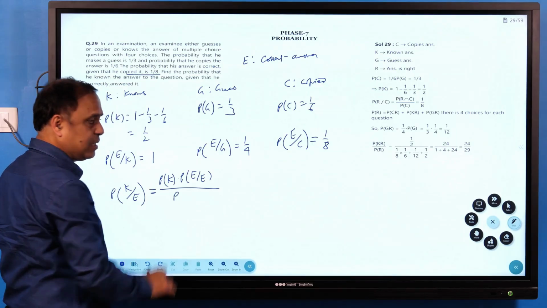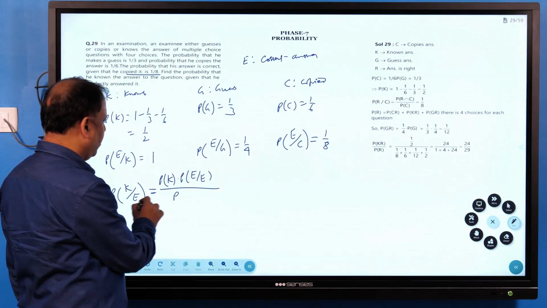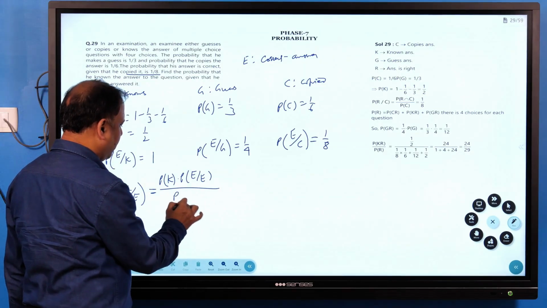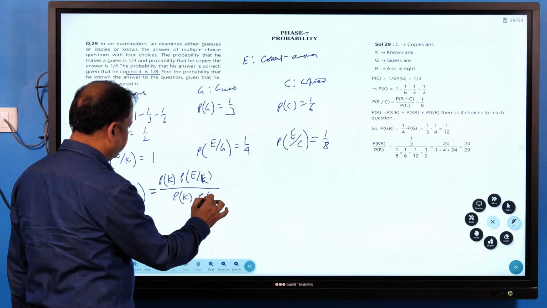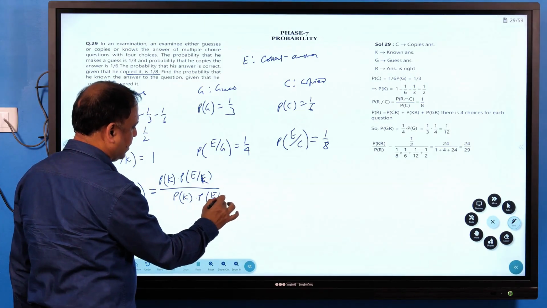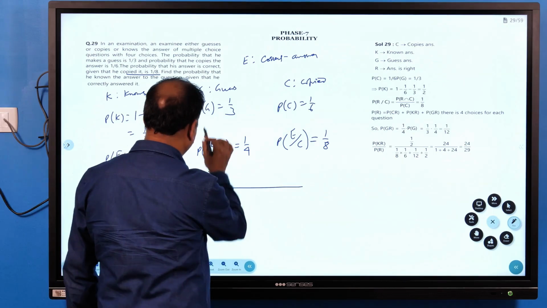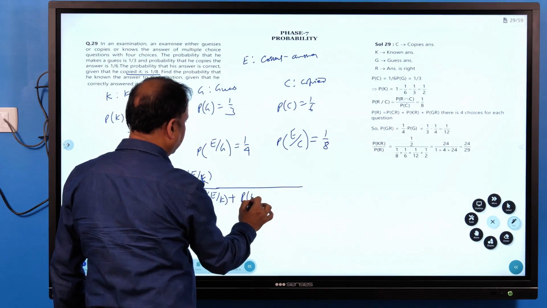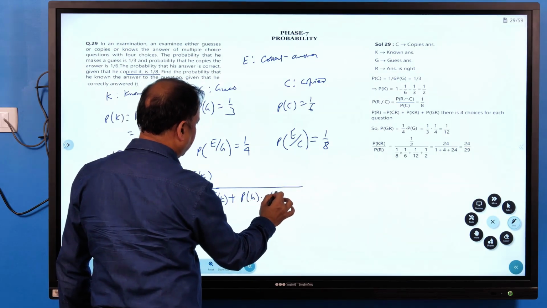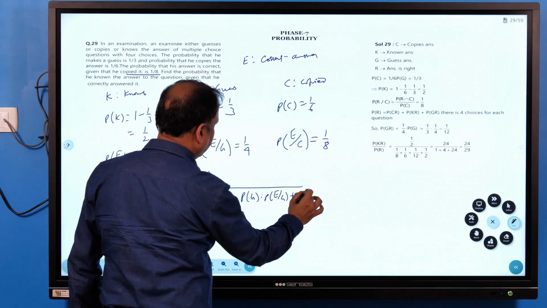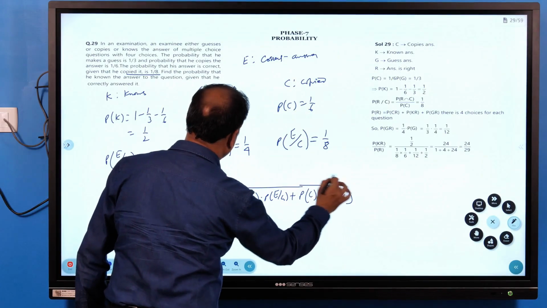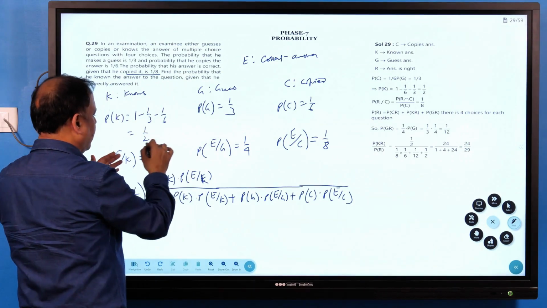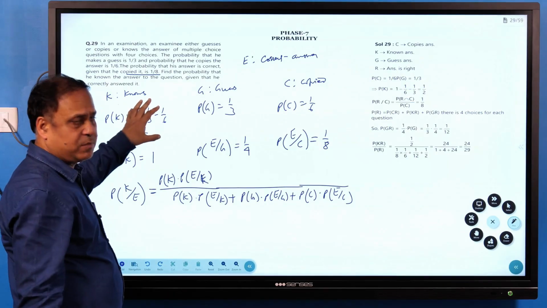Basically this is the Bayes theorem we are doing: probability of K into probability of E given K, upon the summation of all: probability of K into probability of E given K plus probability of G into probability of E given G plus probability of C into probability of E given C. A simple method is to multiply these two and divide by the sum, because I have to calculate this probability.